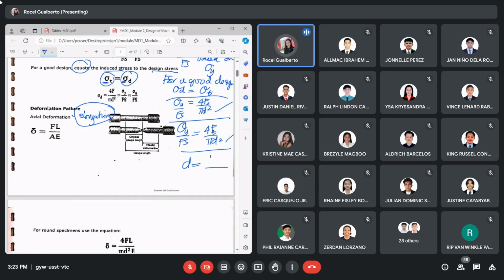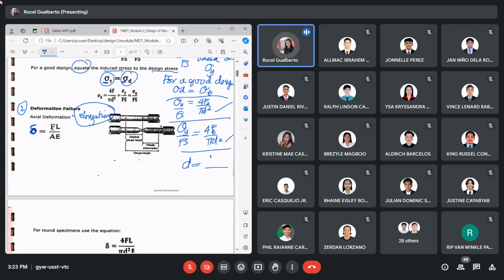Okay? So, paano naman po gawin yon? Okay? So, ito po yung pangalawa. Yung una po is base sa strength failure. Ang pangalawa po ay base sa deformation failure. Okay? So, sa deformation failure po, i-recall po natin yung equation po natin for an actual deformation. Okay? So, this is our deformation symbol equal to FL over AE.